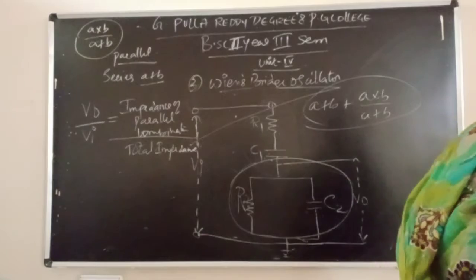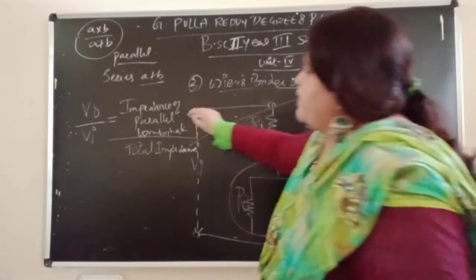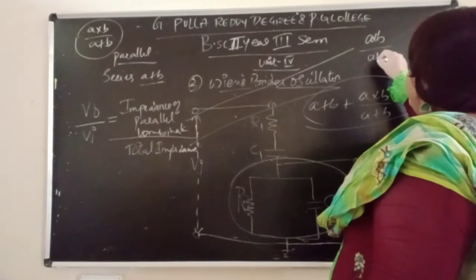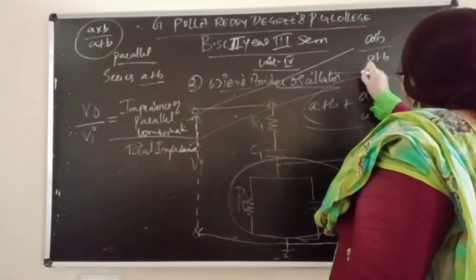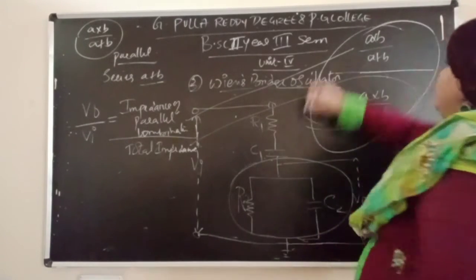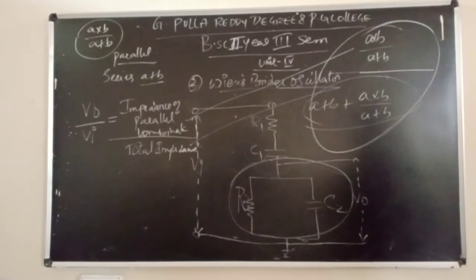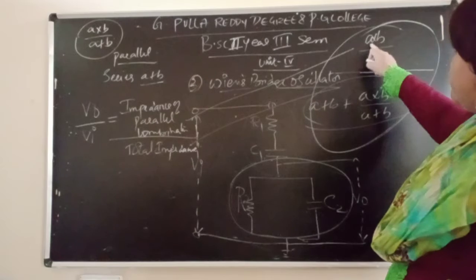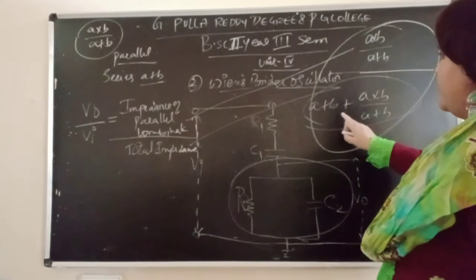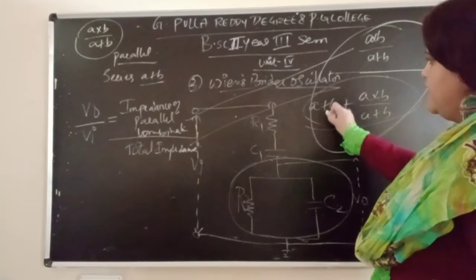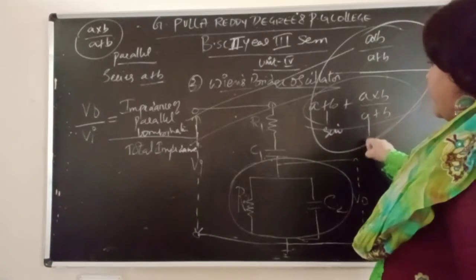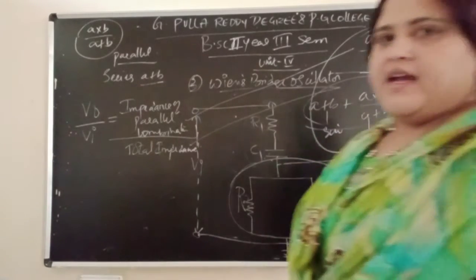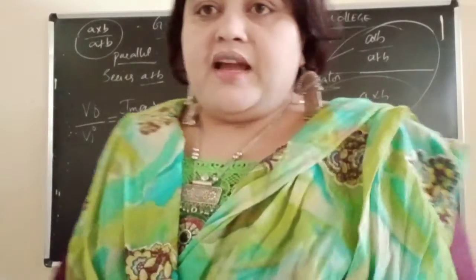The impedance of the parallel combination is A into B by A plus B. This will be like a potential divider, so this will be the formula for your voltage gain. For total impedance, both series and parallel we have to include here.